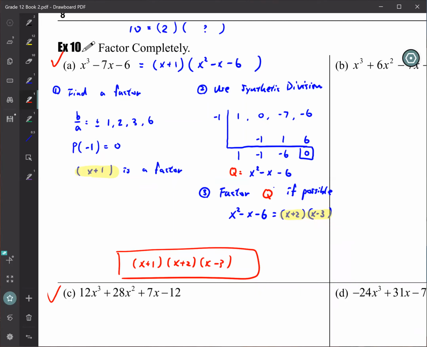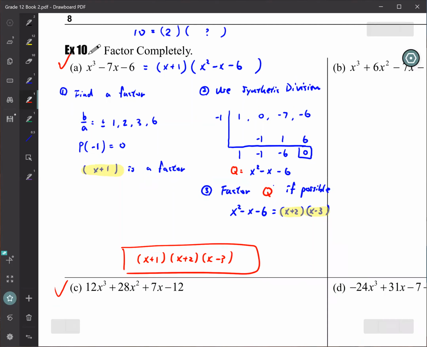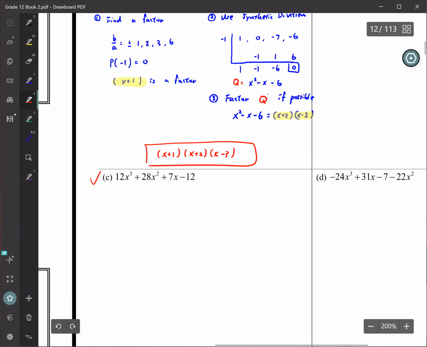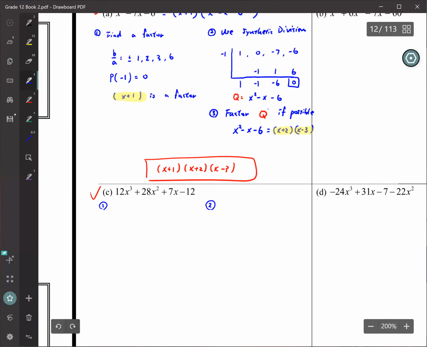All right, now let's look at question C. Same steps. First, find the first factor, and then once you found it, use number 2, synthetic division, and then factor if possible. This one will take a little bit longer because you get the a, right?